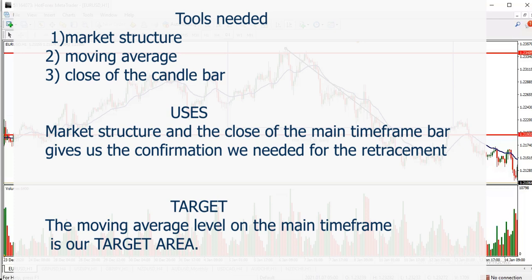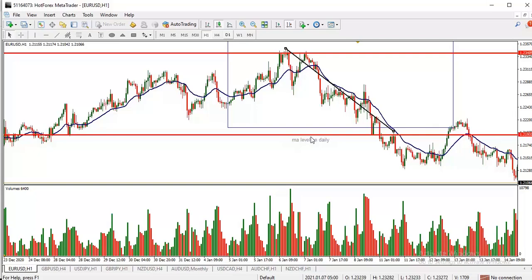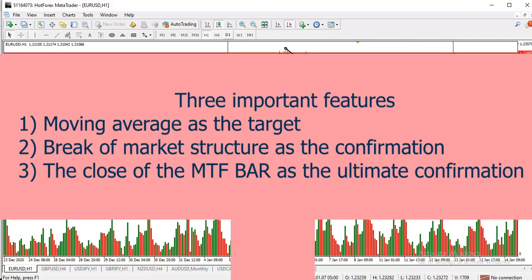To confirm that price is going to retrace, we make use of the market structure. The three important features you need to understand about the strategy are the moving average as the target, the market structure as the confirmation, then the close as the ultimate confirmation.